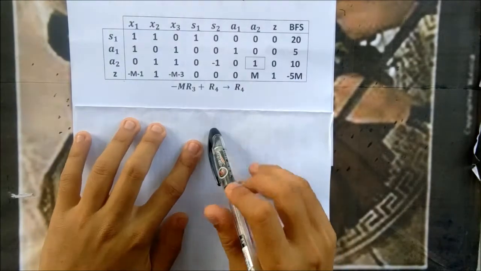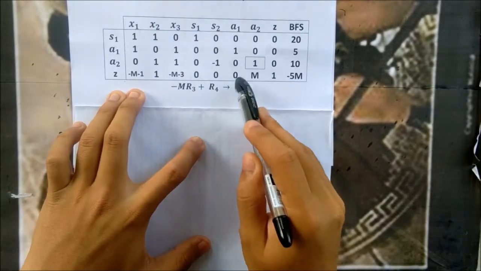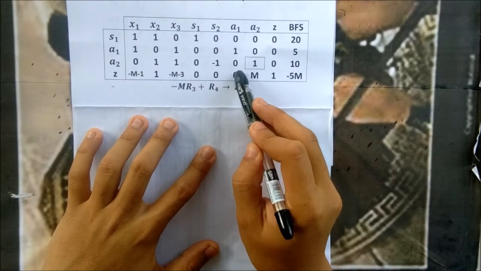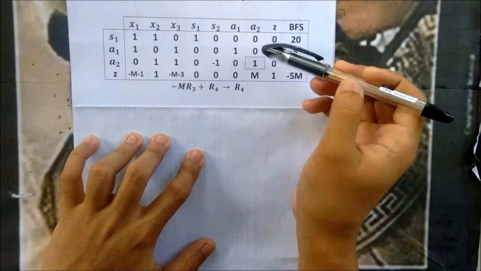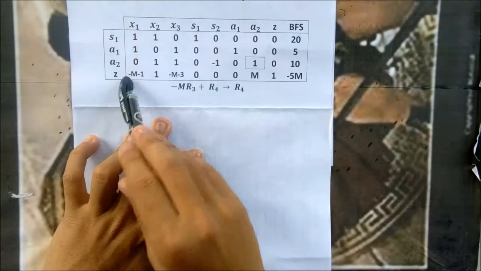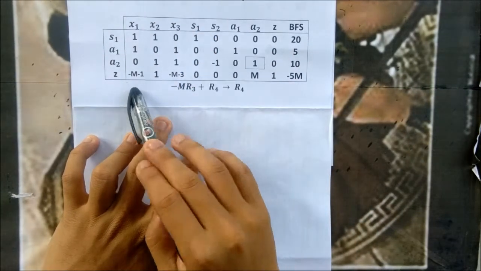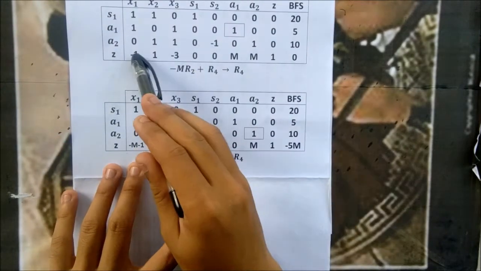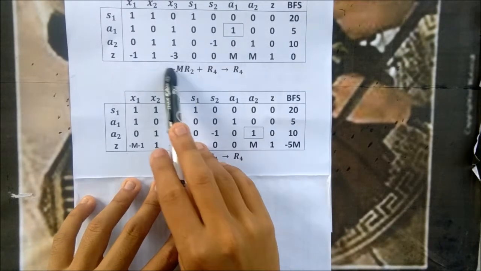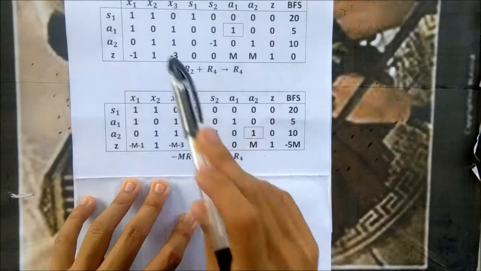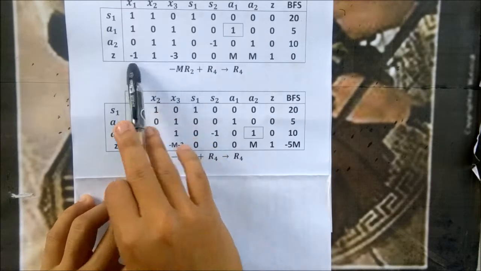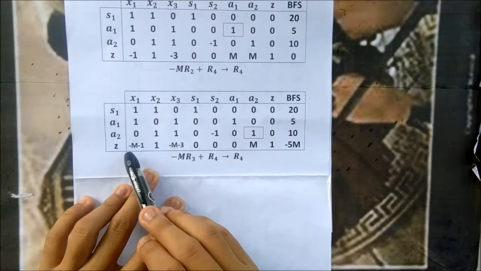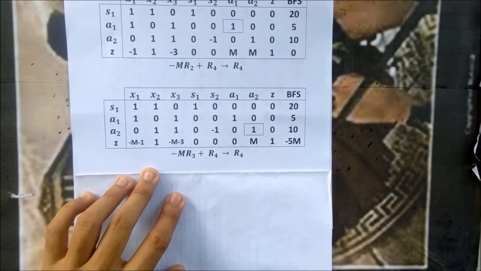Okay, now we perform a basic operation to make it 0, and by performing that, this one will be changed. Negative M times r2 is negative M, plus r4, which is negative 1, so negative M minus 1.